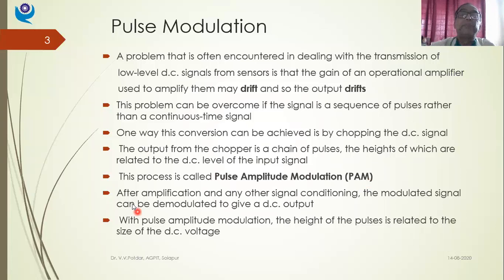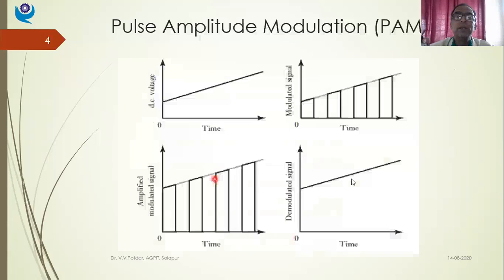After amplification and any other signal conditioning, the modulated signal can be demodulated to give a DC output, amplified DC output. With pulse amplitude modulation, the height of the pulses is related to the size of the DC voltage, isn't it? Height of the pulses corresponds to the size of the DC voltage that is amplified.